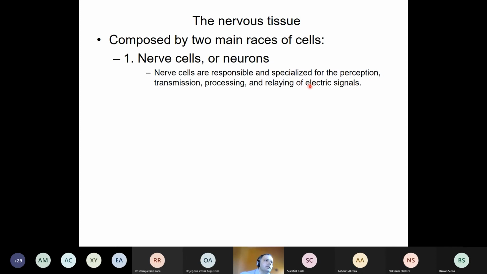So this sentence does not tell that much more than almost all cells can do, because cells can pick up signals. They can even sometimes transmit them. This is true for some muscle cells, some epithelial cells also.